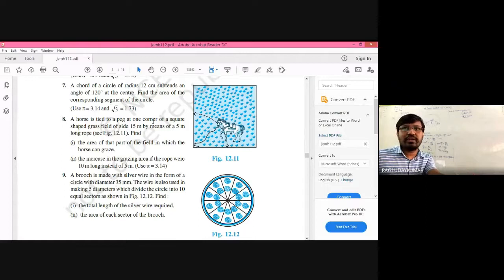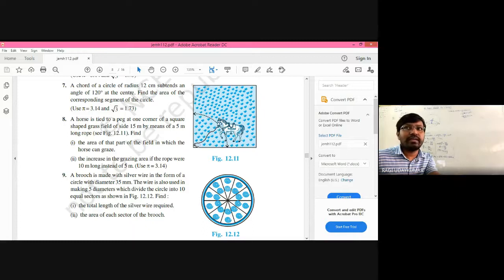See the 8th question. A horse is tied to a peg, either a peg like this, at the corner of a square-shaped grass field of side 15 centimeters. So this complete side is 15 centimeters, by means of a 5 centimeters long rope. The rope runs from here to here, so the rope length is 5 centimeters.